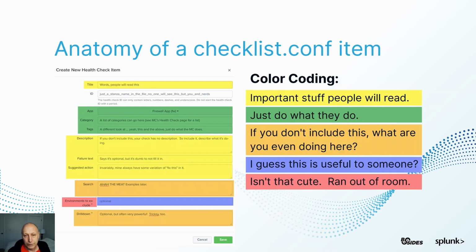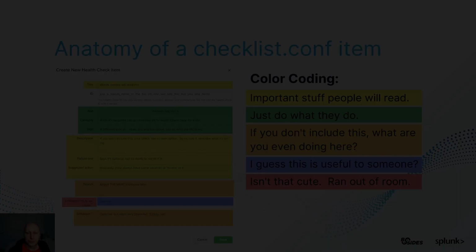You definitely do need the description. The description, failure text, and suggested action, I'll show you where those show up. You should always include them simply because it's good information for them. Even if the suggested action is call us for support, or whatever it is you're trying to do.